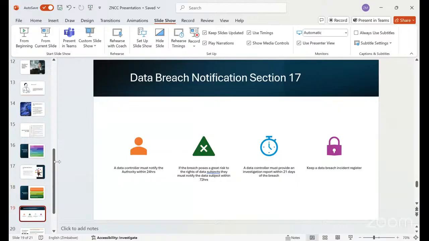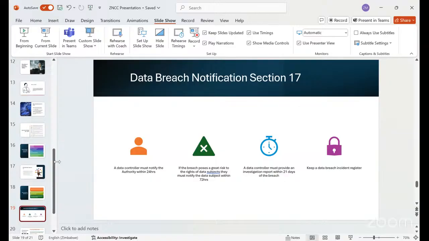In terms of Section 17 of those regulations, an organization must notify the Data Protection Authority within 24 hours of experiencing a data breach.